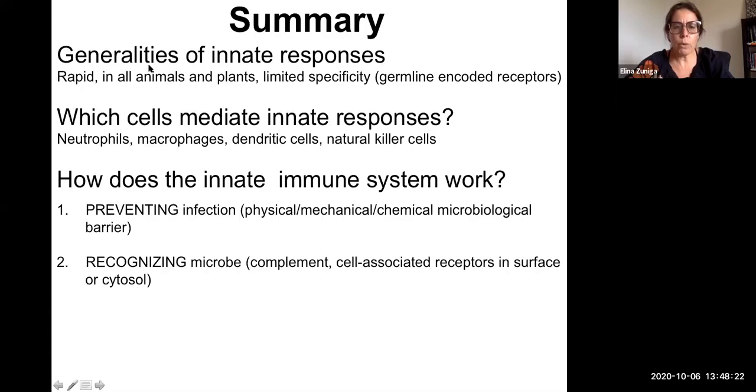Here, okay. So we were able to cover the generalities of the innate immune response, which is rapid and present in animals and plants. It has limited specificity, so it recognizes PAMPs. We introduced the terminology of pathogen-associated molecular patterns that are present in a group of pathogens, right?